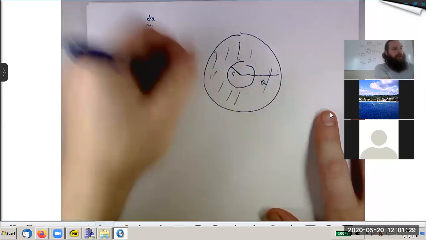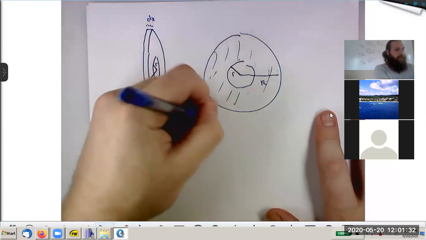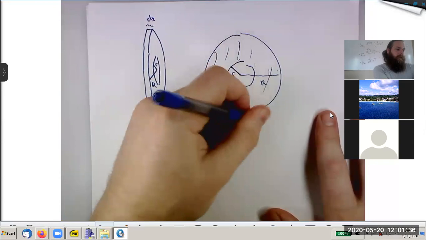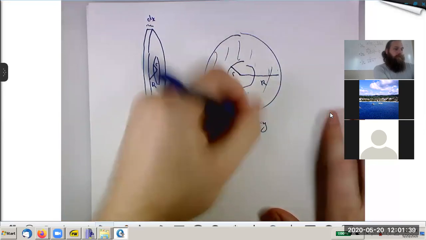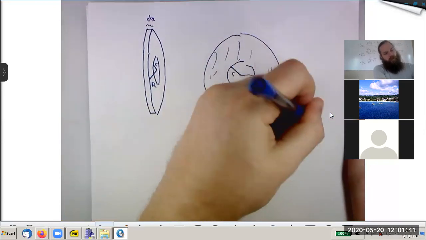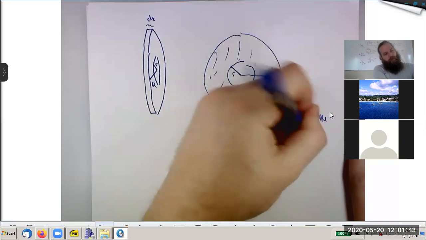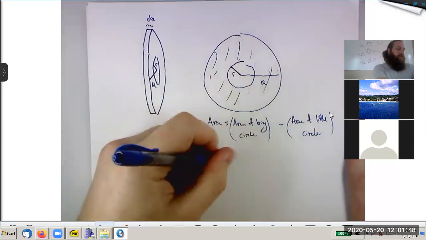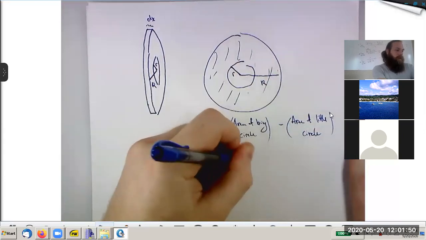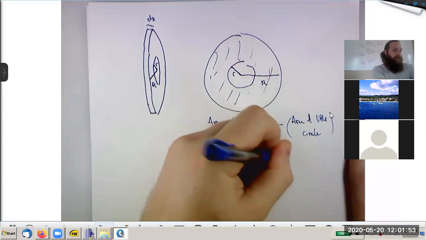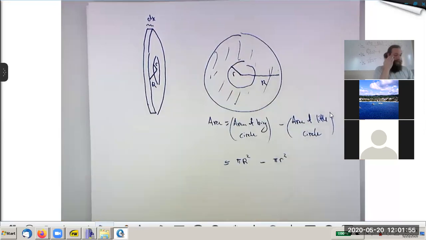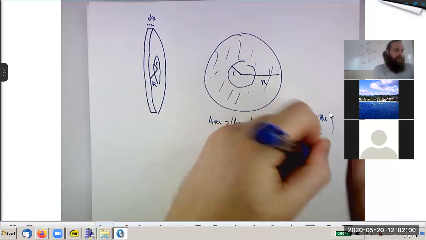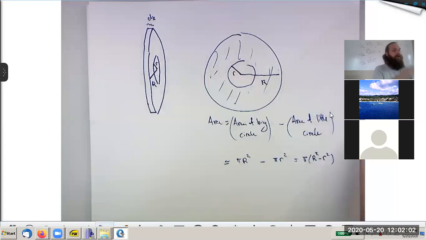It's the area of the big circle minus the area of the little circle, which is pi times capital R squared minus pi times little r squared, which is pi times capital R squared minus little r squared, factoring the pi.